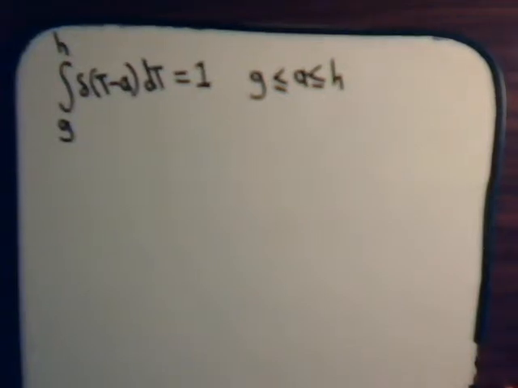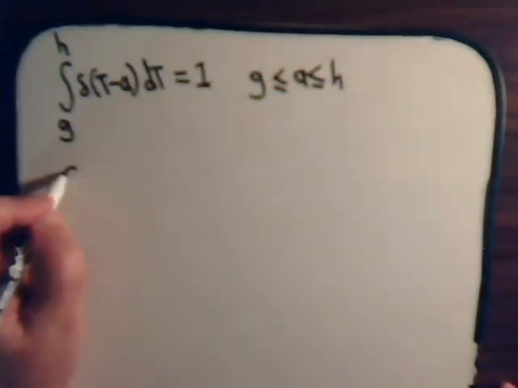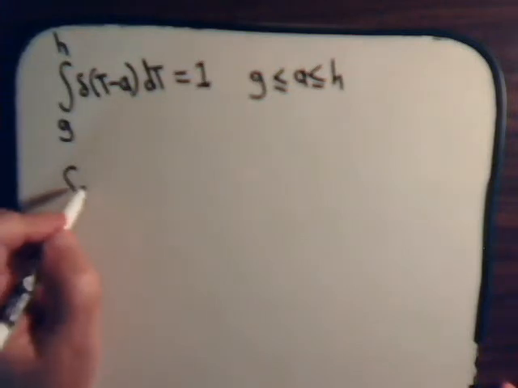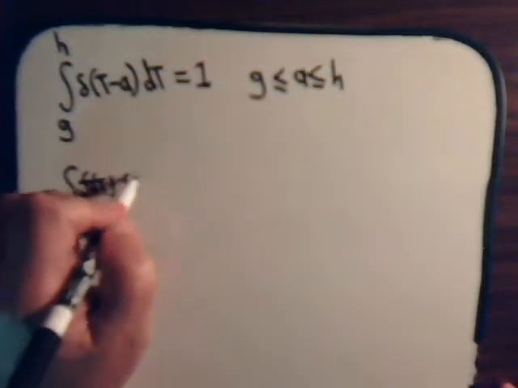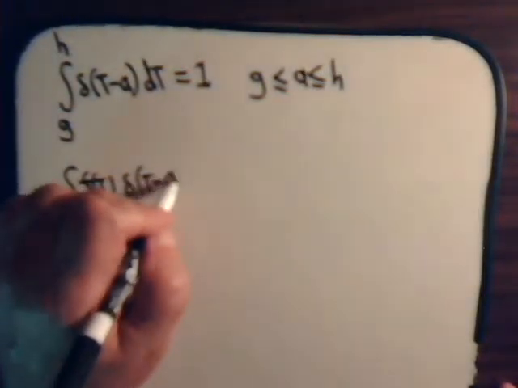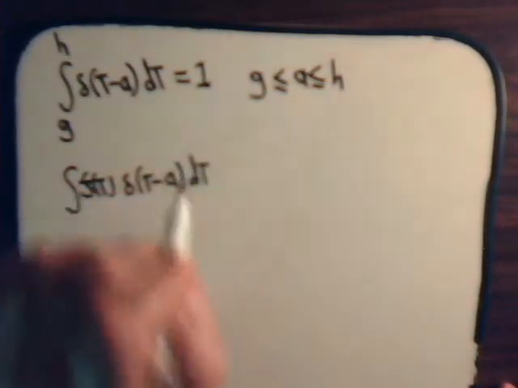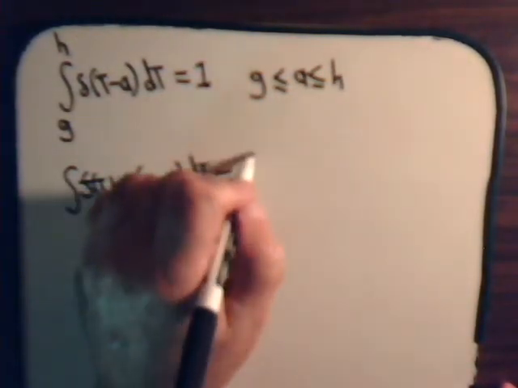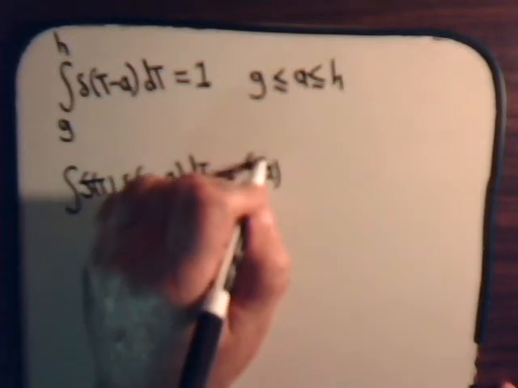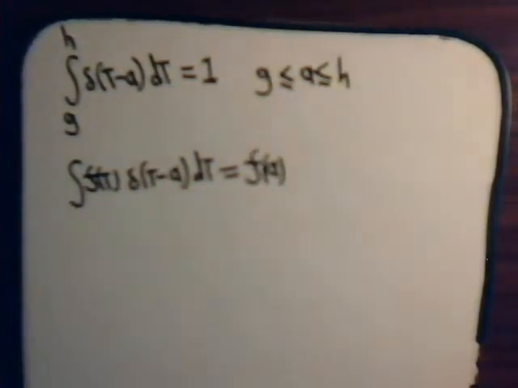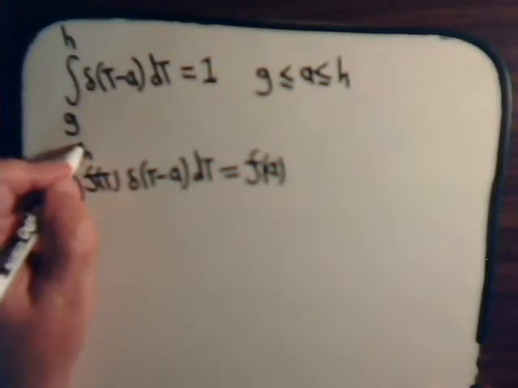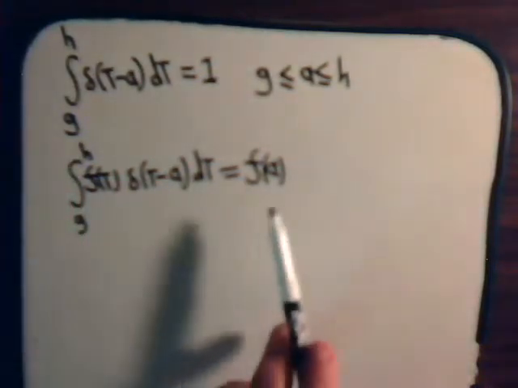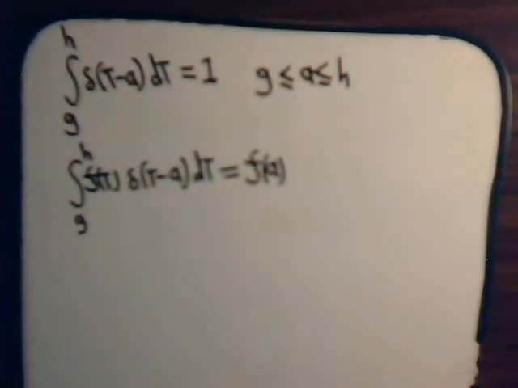And in the last video, we had established that the integral of f of t times the delta function was f of a, and we were summing from minus infinity to plus infinity, or again it could be a definite integral like this, providing that a lies in between g and h.